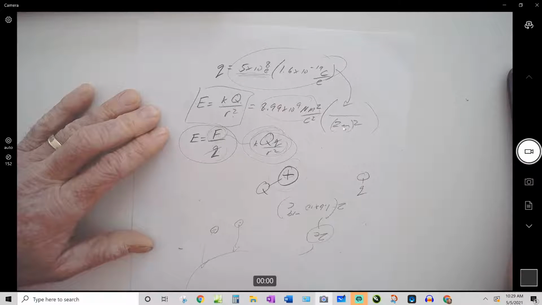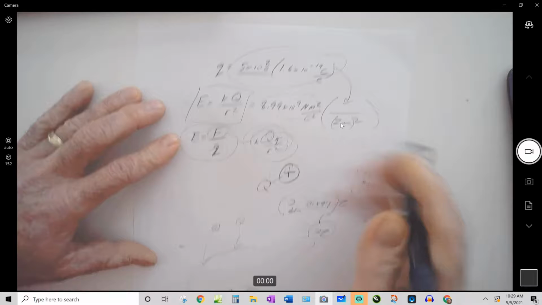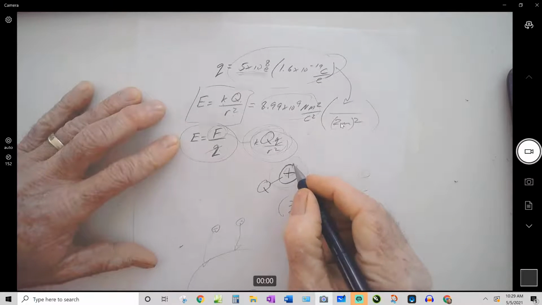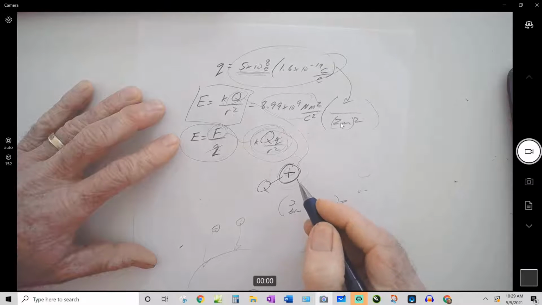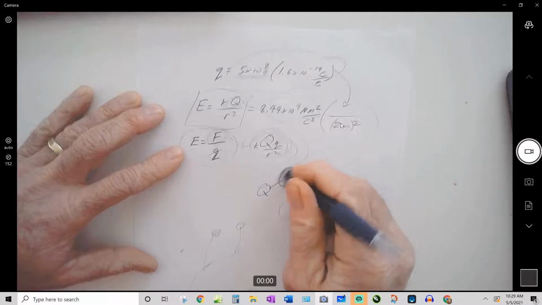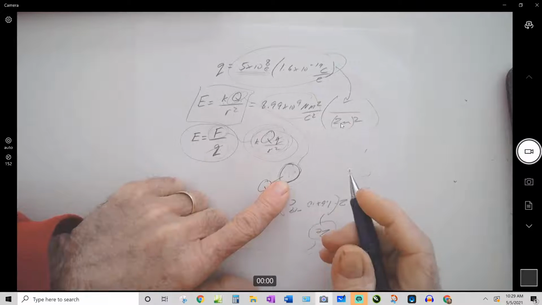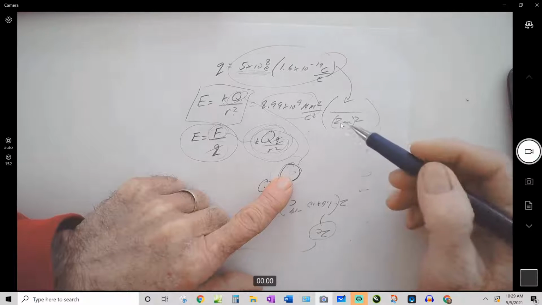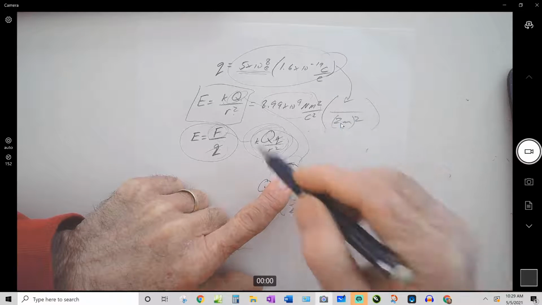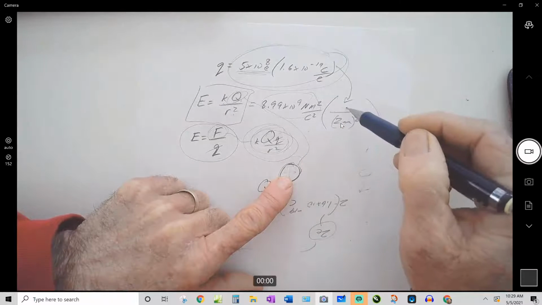I'm not going to bother to multiply it out. And then the distance from this charge, so the way it would look in my picture, this is Q. This is creating the electric field. And I'm not going to put a plus or a minus because I don't know that I know enough yet to figure that out. So that charge would go here, and I would figure out the charge this way.